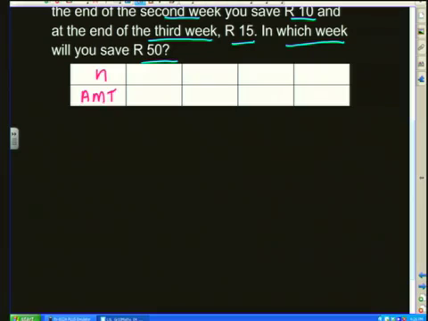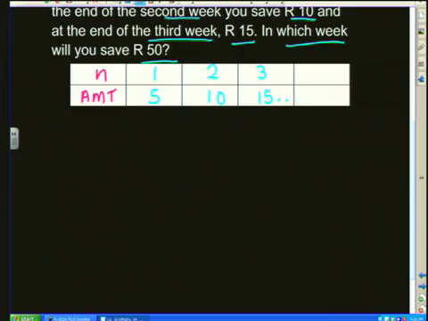In week 1, they tell you that you've saved 5 Rand. In week 2, you save 10 Rand. And in week 3, you save 15 Rand. They want to know, in which week will you save 50 Rand?